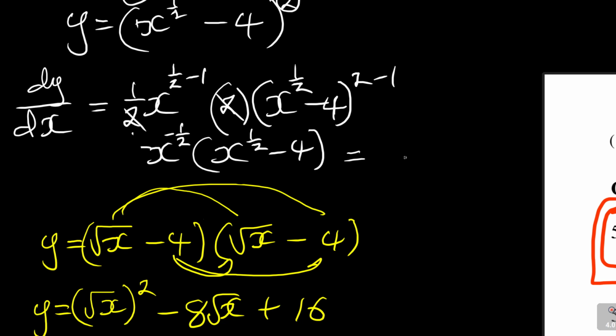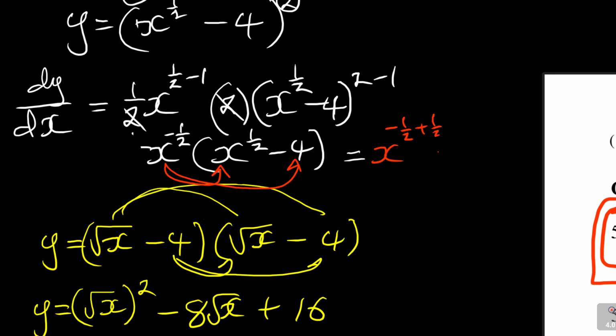This time let's open the bracket. It's going to give us x to the power negative 1 over 2 times x to the half, and when you multiply, you add the powers: negative half plus half.